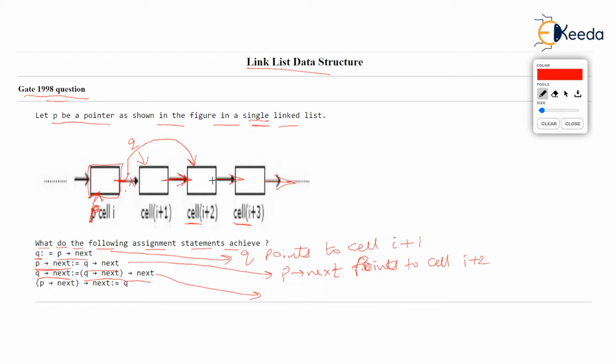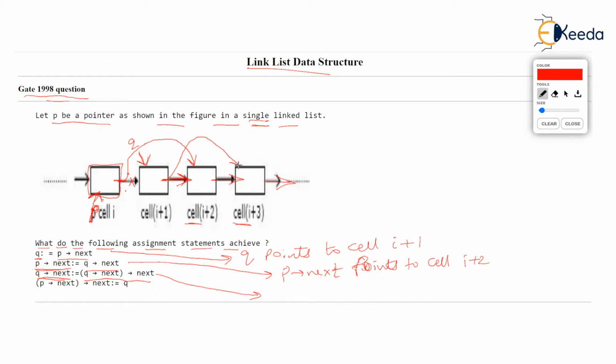Next of cell I plus 2, isn't it? And what is asked here is Q arrow next, the left hand side. Q arrow next should point wherever that points. That means the pointer should point to the next node.